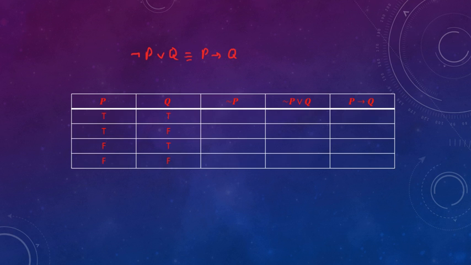Try to fill in each of the entries in this truth table and try to find on your own that you do indeed come up with the same two columns here at the end. So again, pause the video now. Once you think you have it, press play and we'll see if you arrived at the desired conclusion.